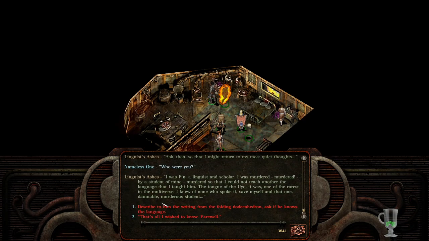Who were you? I was Finn, a linguist and a scholar. I was murdered by a student of mine. Murdered so that I could not teach another the language that I taught him, the tongue of the Uyo. It was one of the rarest in the multiverse. I knew of none who spoke it, save myself and that one damnable murderous student.